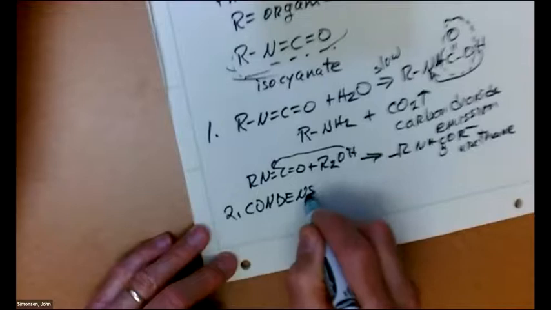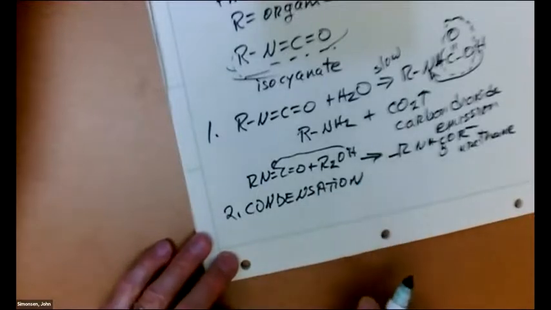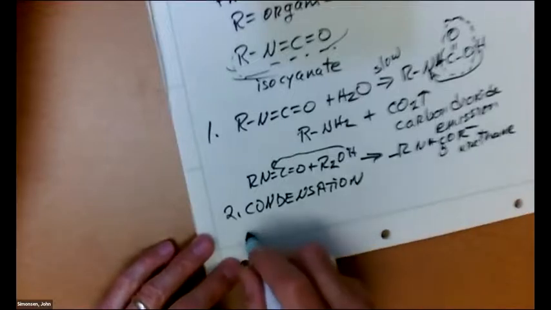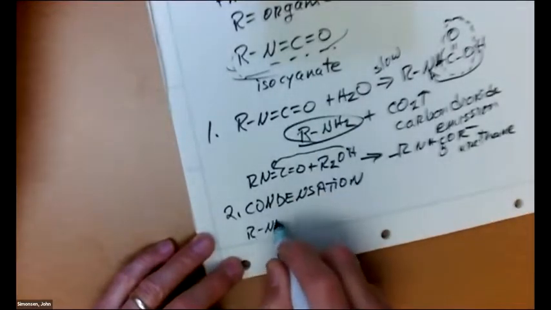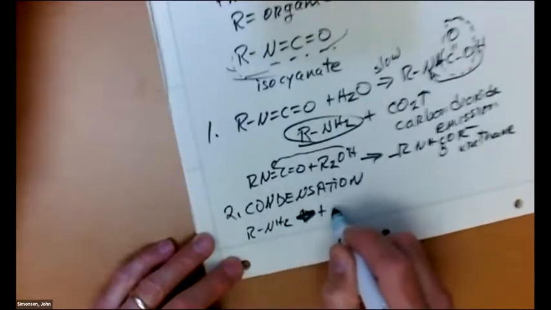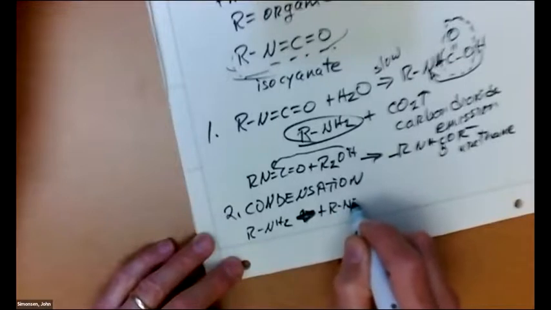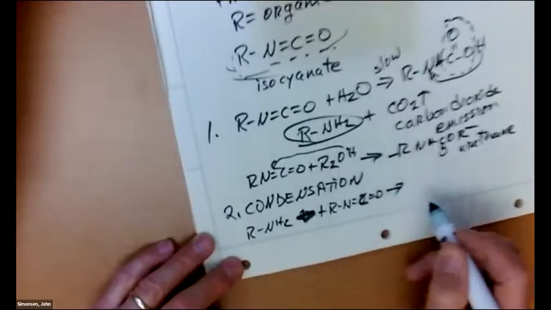The second step is also condensation. So what happens now is you've made the amine here plus... trying to go too fast.